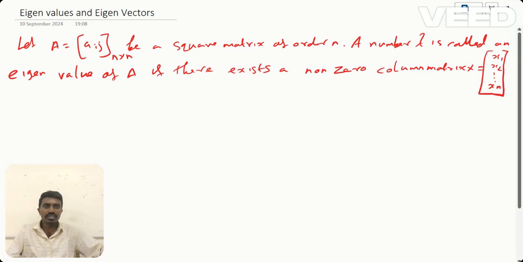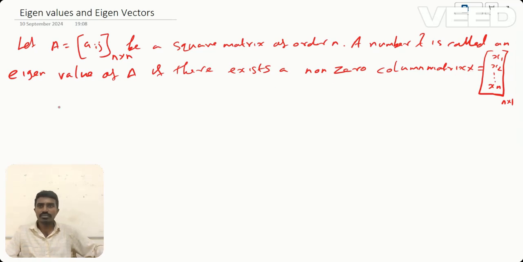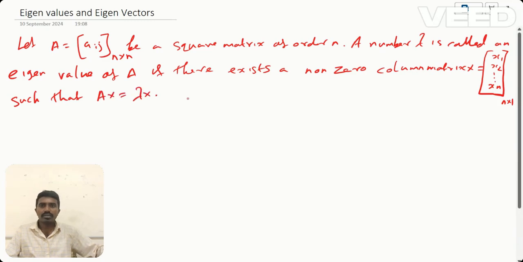Since we are considering an n by n matrix, the column matrix is of order n by 1. Suppose you consider a 3 by 3 matrix, then the non-zero column matrix is a 3 by 1 matrix, such that Ax equal to lambda x.